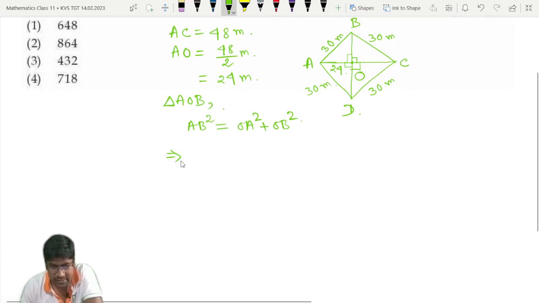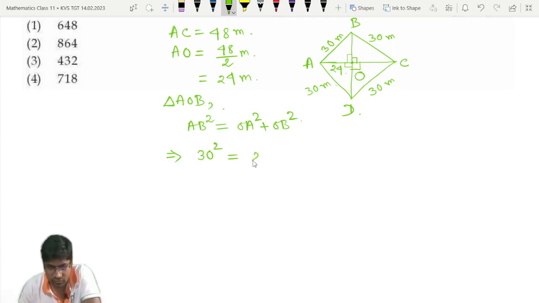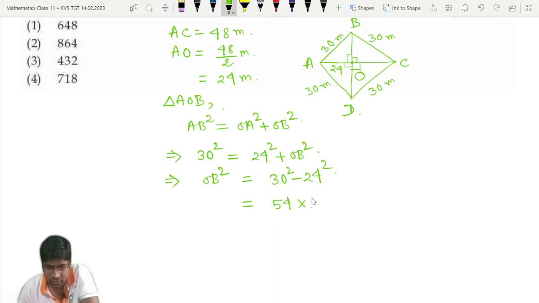AB means 30, so 30 square is equal to OA, that is 24 square, plus OB square. So OB square is equal to 30 square minus 24 square. We will apply the a square minus b square formula, a plus b into a minus b. So 30 plus 24 means 54 into 30 minus 24 means 6.